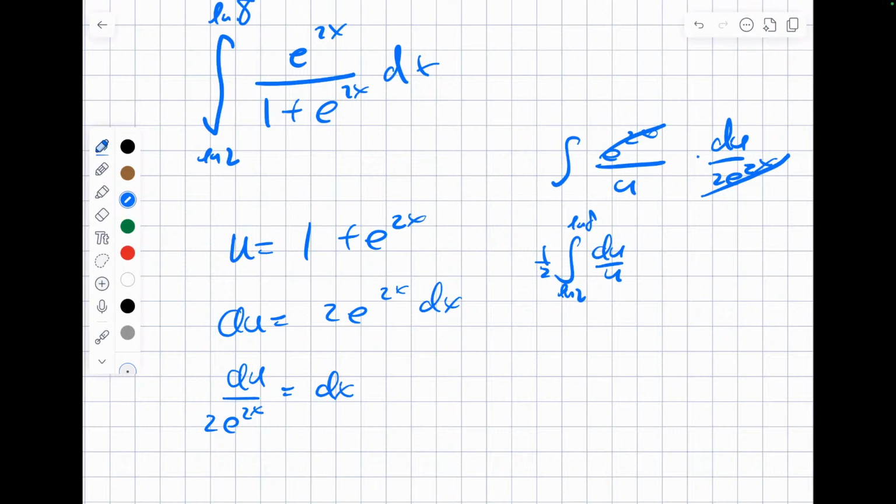Now what is a constant in this case? Can somebody raise their hand? What is a constant in this case? 1/2 ln 4.